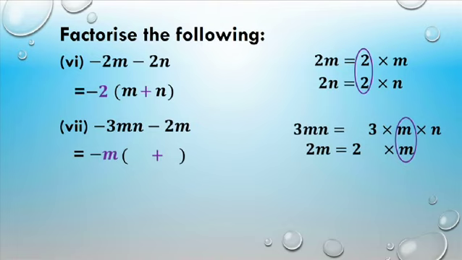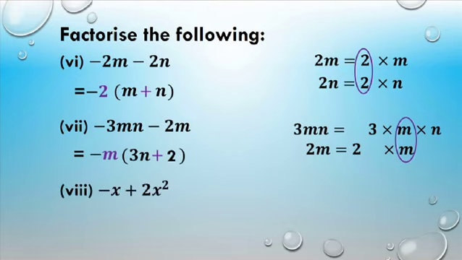Remember, you have learned in grade 7 that a negative number times a positive number will give me a negative number. So here I'm going to have 3n plus 2. So minus 3mn minus 2m, when factorized, will give me minus m into 3n plus 2.